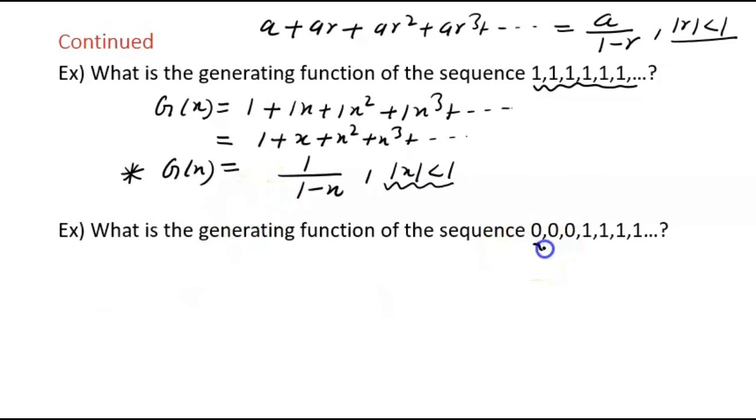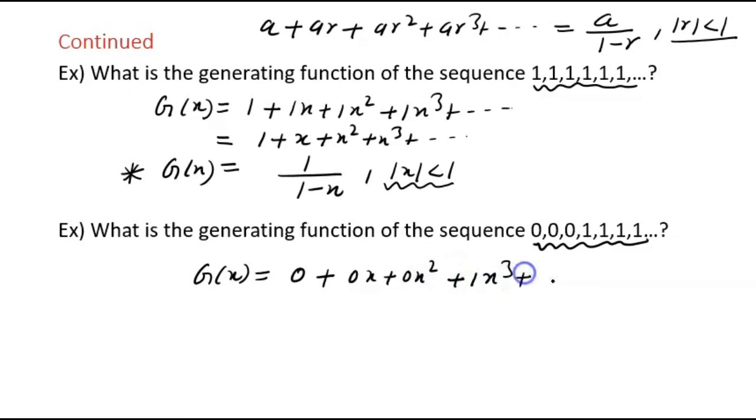Suppose I want to write the generating function corresponding to this sequence. How will it look? I will write g(x) equal to 0 plus 0x plus 0x square plus 1x cube plus 1x to the power 4 plus 1x to the power 5 and so on.